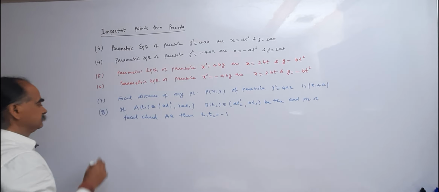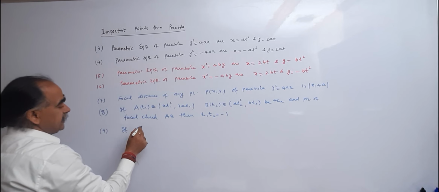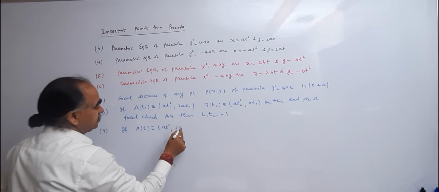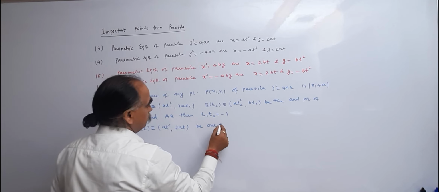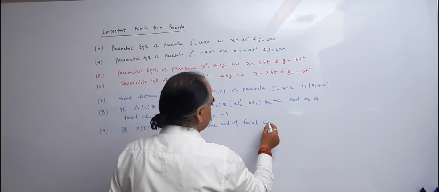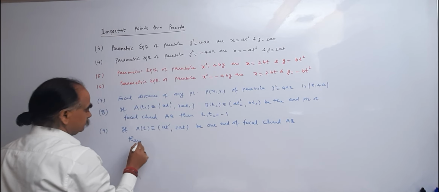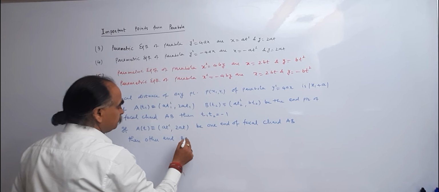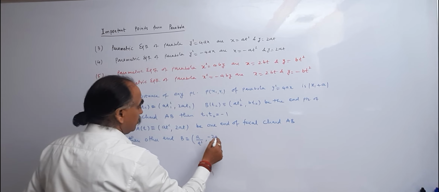Minus 1. If A, t corresponding to (at square, 2at) be one end of focal chord AB, then the other end B corresponds to (a upon t square, minus 2a upon t).